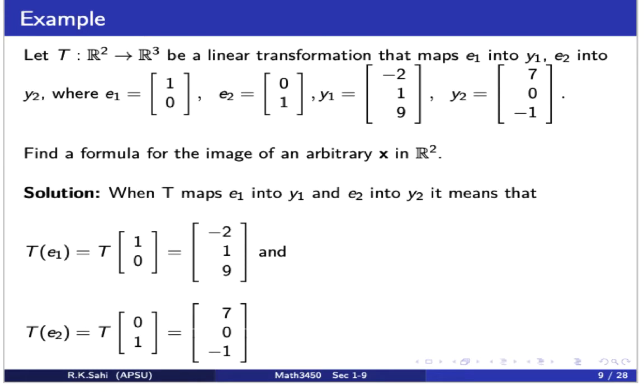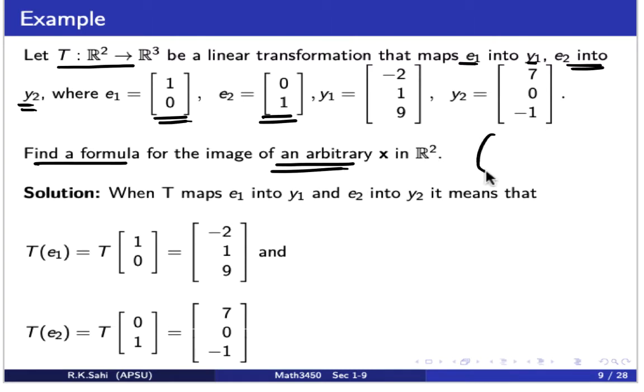If T is a transformation which maps e1 into y1 and e2 into y2, where e1 and e2 are the columns of the identity matrix I2, and y1 and y2 are elements of R3, the question is: find a formula for the image of an arbitrary x in R2.